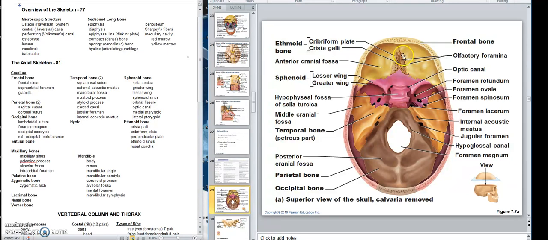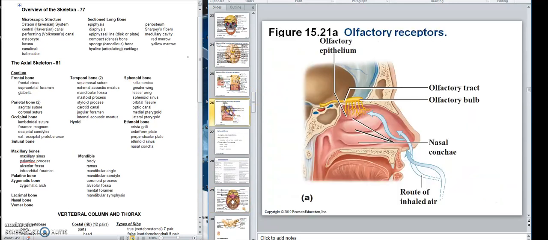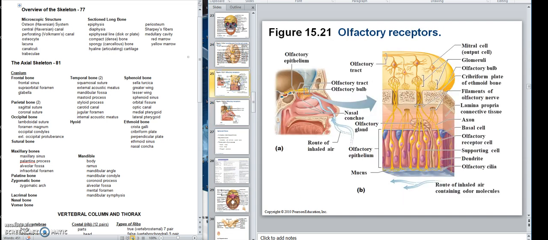The olfactory nerve would be up here. There's the olfactory nerve. And going through those little holes on the cribriform plate are the nerve fibers so that smell can come up and you can get it. That's the purpose of that. Here it is again, that's that cribriform plate right there.